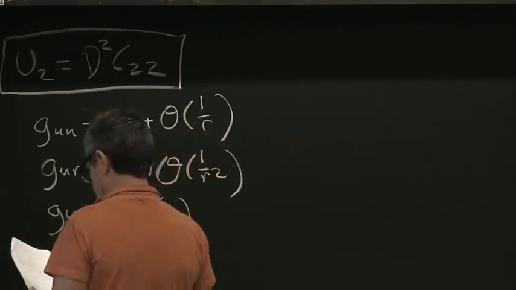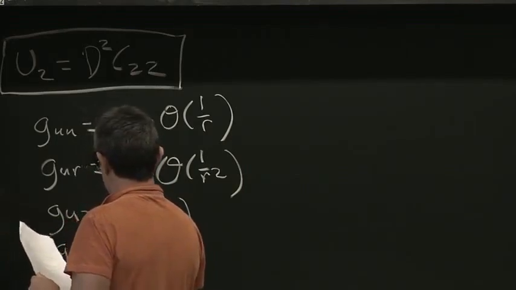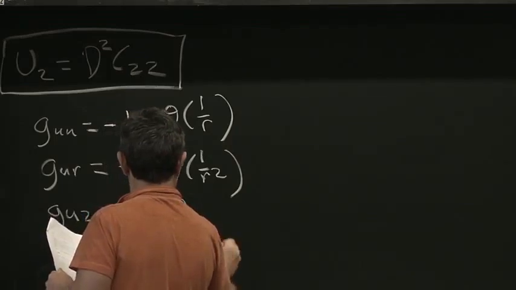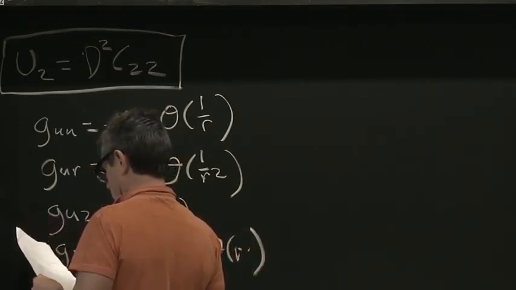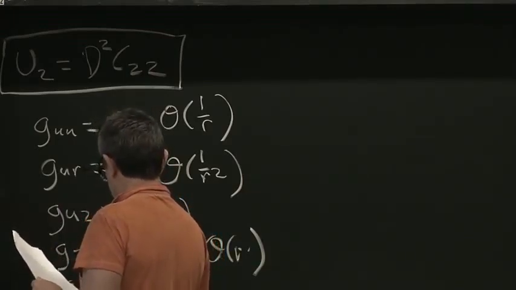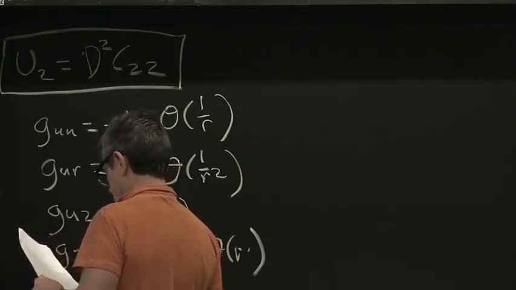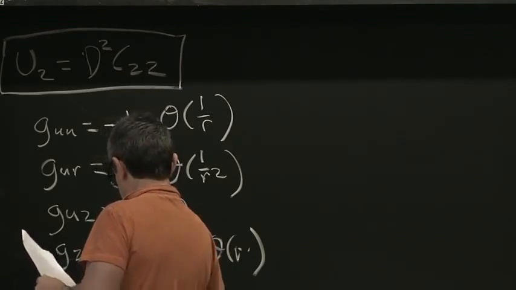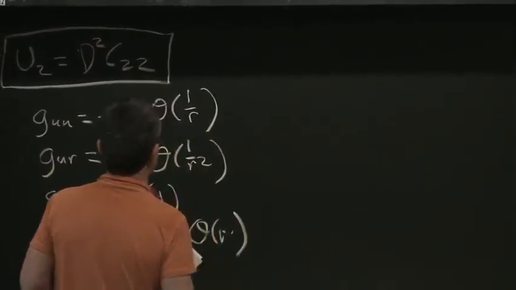And then g_z zbar is r squared gamma z zbar plus order r. And g_zz is order r. And g_rr and g_rz are 0.